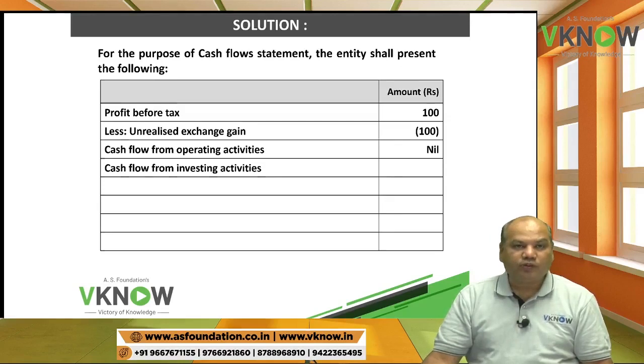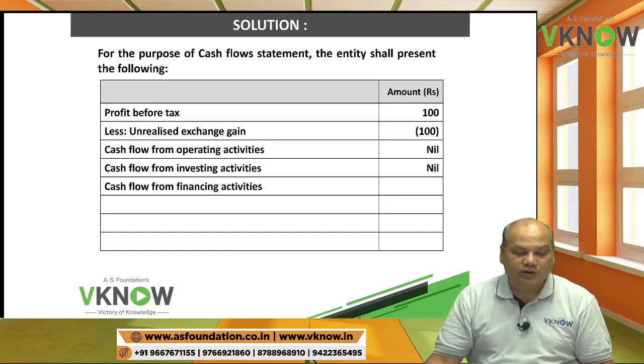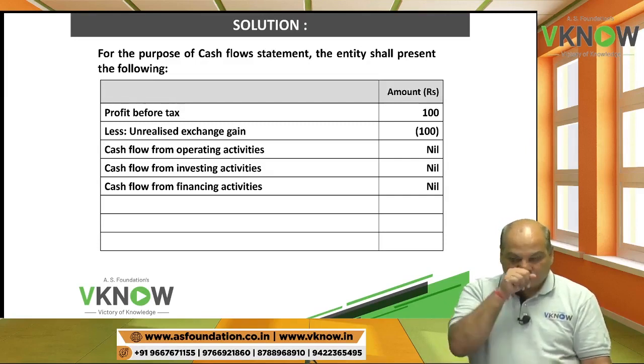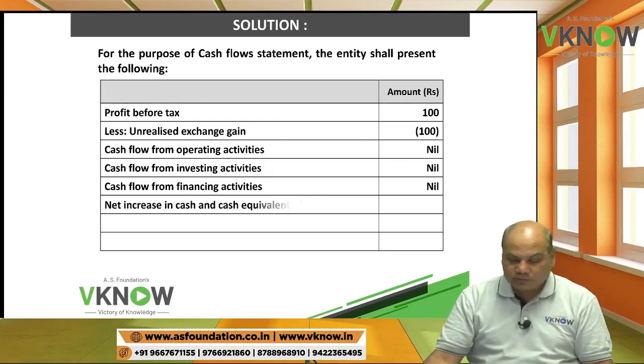Cash flow from investing activities, in this question 0. Cash flow from financing activities, in this question 0. Nothing is given.